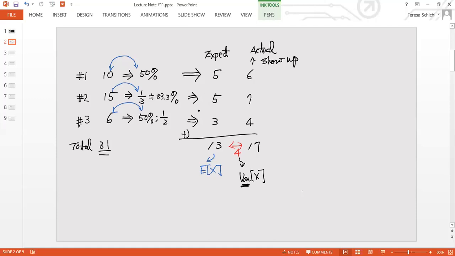If you have several groups, you just add them together. Correct? It's a very, very simple concept. And then there is what you expect and what actually happens. This is the variation around your expected value, which we call the variance. We're going to talk about it in later videos, but first understand the expected value. All right, it's pretty straightforward, right?